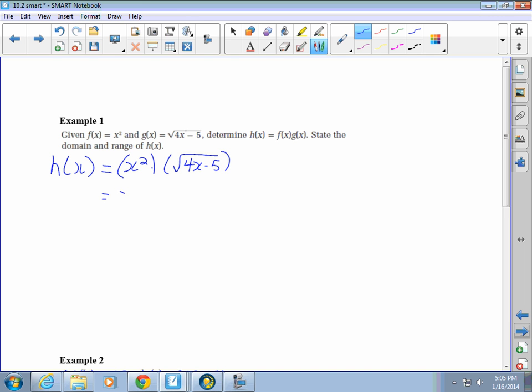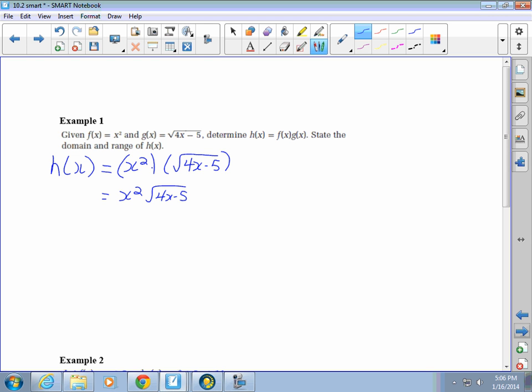Because I'm working with a radical here, I can't pull anything out, and I can't multiply if I don't have the same terms in there.